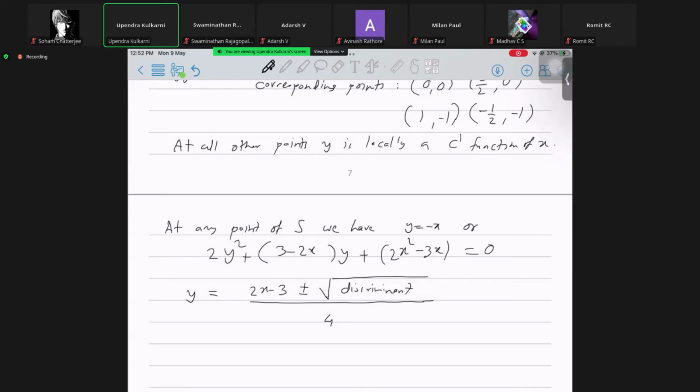So the way to do this is to really see what is happening at the 4 potentially problematic points.